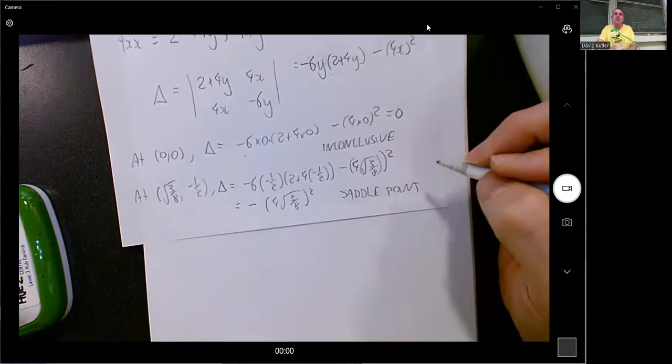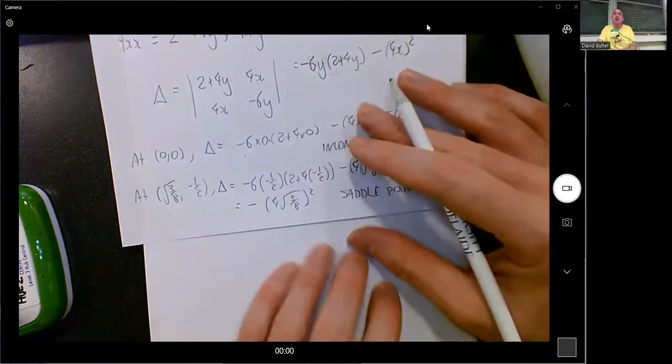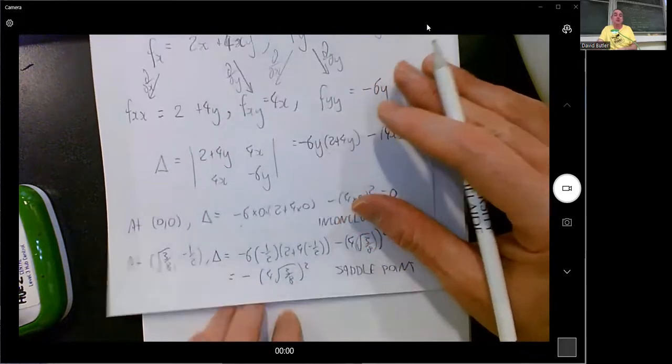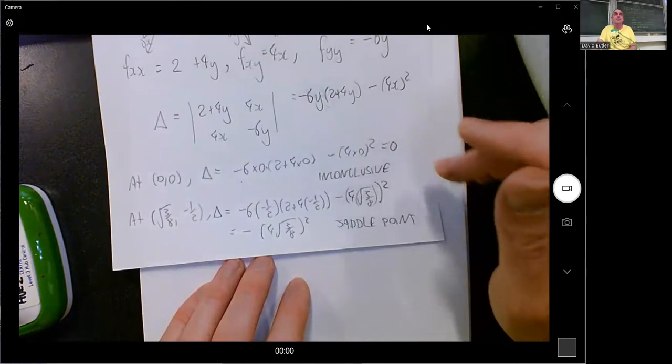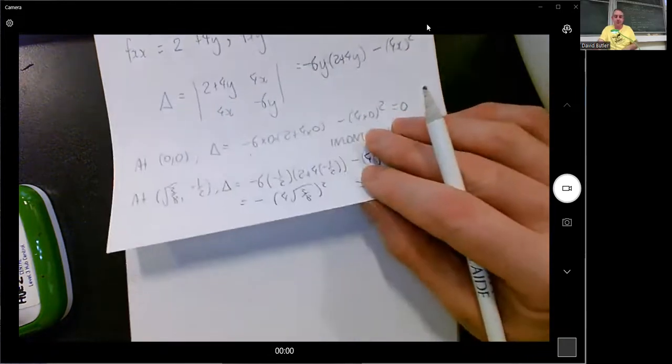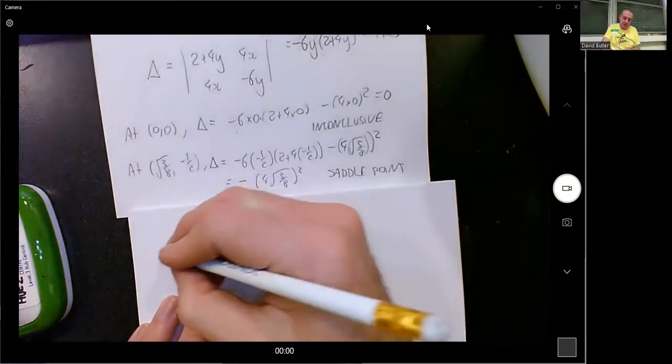And the other one's going to come out to be a saddle point as well. So we don't get any maximums and minimums. They're all saddle points, or we have no idea what the hell is going on at this point here. But for completeness' sake.